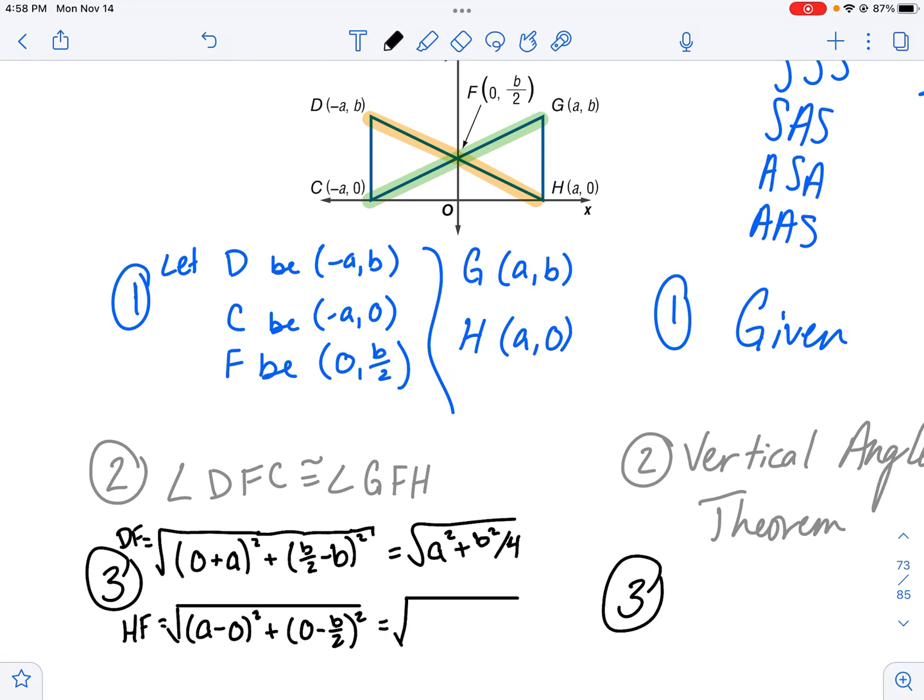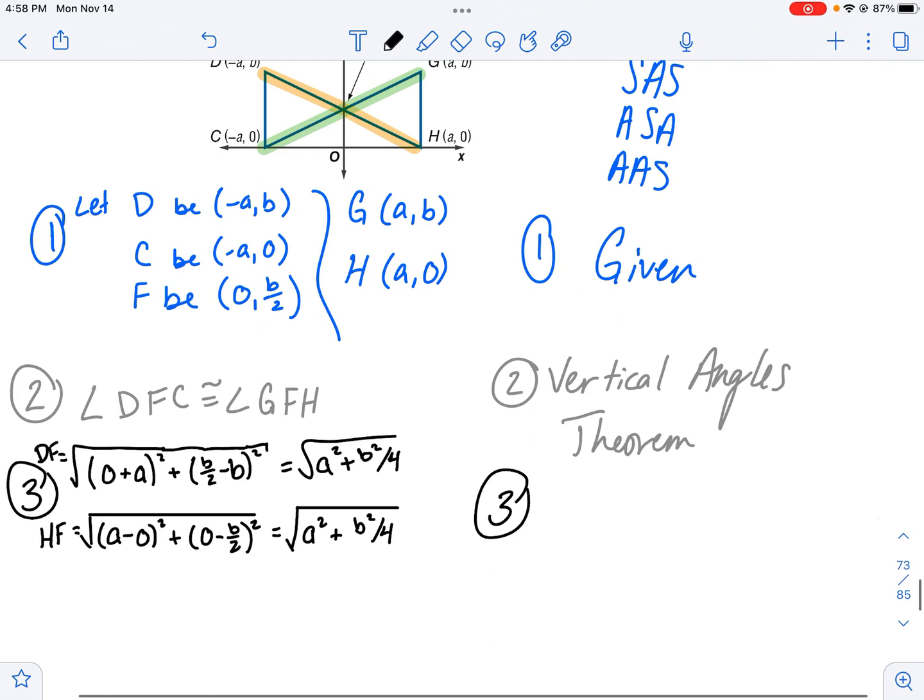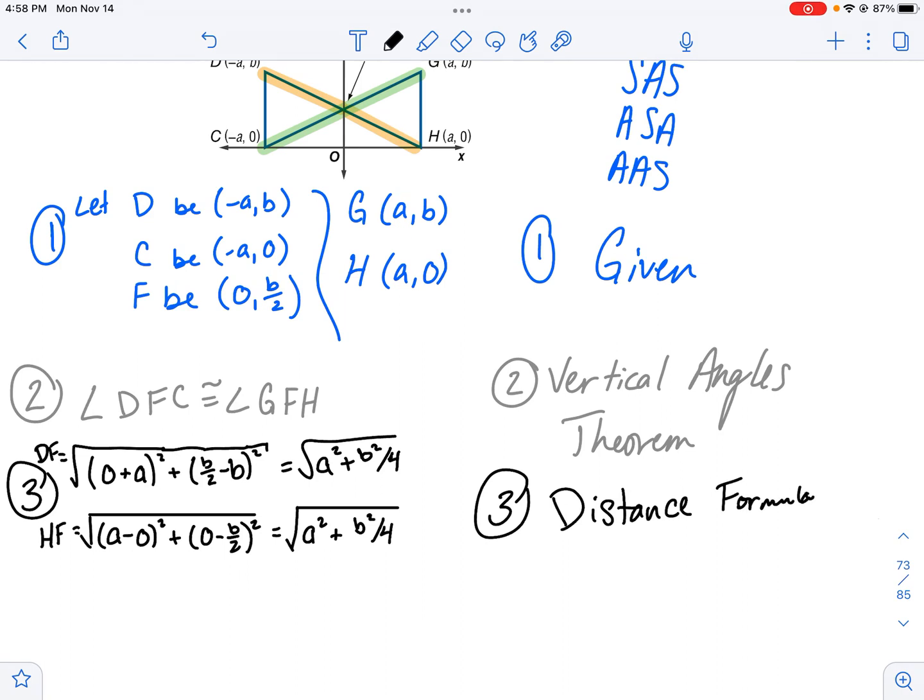And now when I square both of those, I get A squared plus B squared over 4. And hey, check that out. DF equals HF. And that is the distance formula. So I can use the distance formula to prove that DF and HF are congruent.